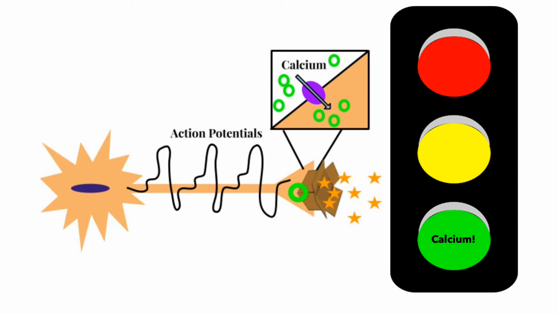One of the last steps of the action potential occurs in the axon terminals, where voltage-gated calcium channels are opened. When these channels are opened, calcium rushes into the presynaptic neuron. This acts as a link between electrical and chemical signaling. Calcium acts as the initiator or green light for vesicles to release their contents to the extracellular space.